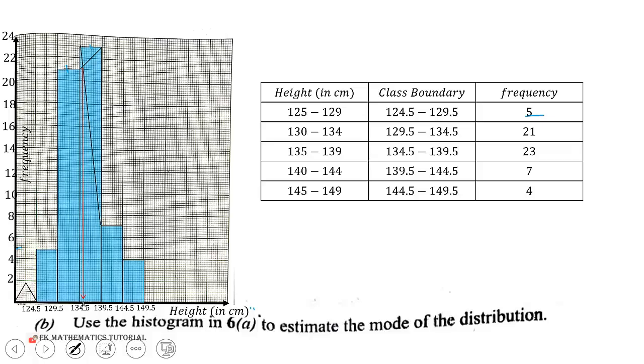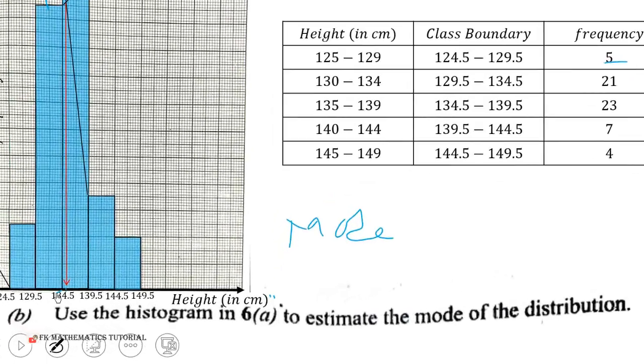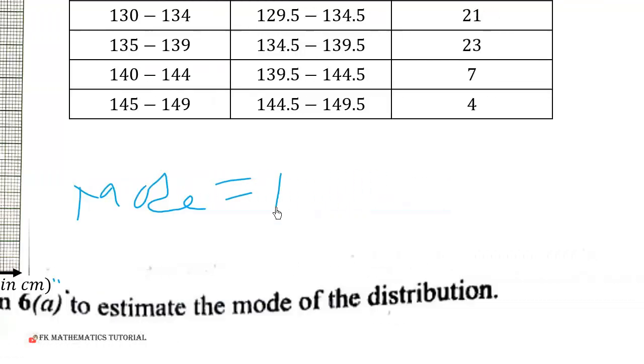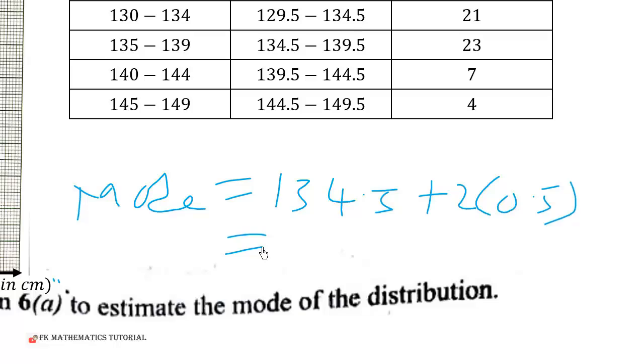So the modal mark or the mode will be equal to, since we have 5 interval here from 134.5 to 139.5, it means each box is 0.5, because 0.5 times 10 will give us 5. So the mode will be equal to 134.5 plus 2 boxes times 0.5, and that will give us 135.5 centimeters. That is the modal height.